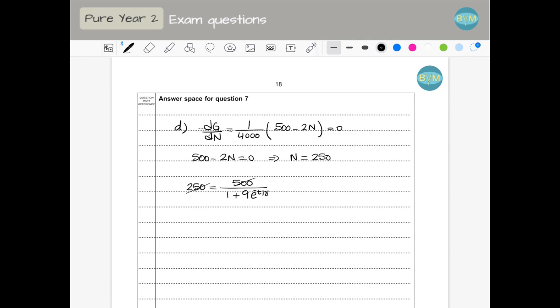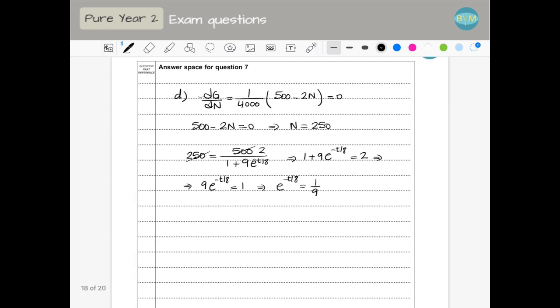We can simplify a bit. So we have 1 plus 9 e to the power of minus t over 8 is going to be 2, which means just subtracting 1, 9 e to the power of minus t over 8 is going to be 1, which means e to the power of minus t over 8 is going to be 1/9.